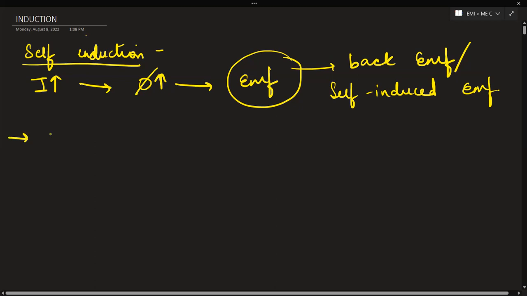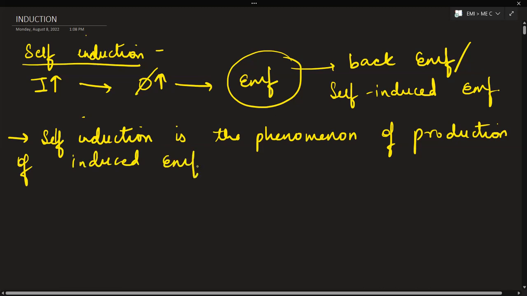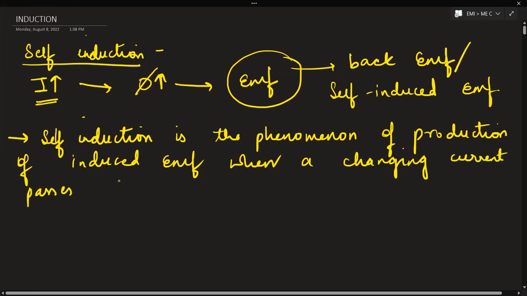Now let me write down the proper definition of it. Self-induction is the phenomenon of production of induced EMF when a changing current passes through a coil.